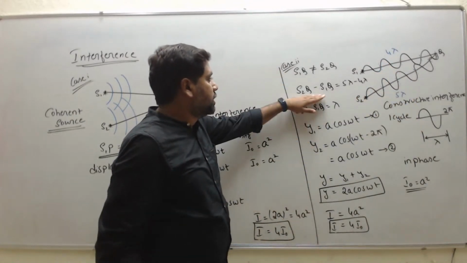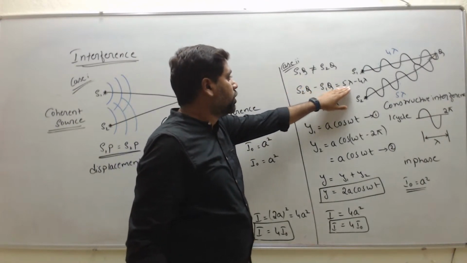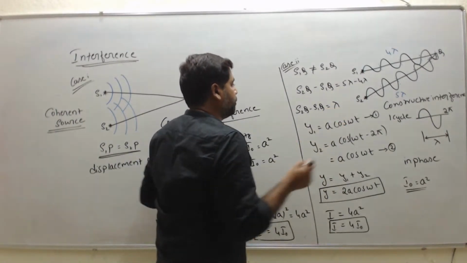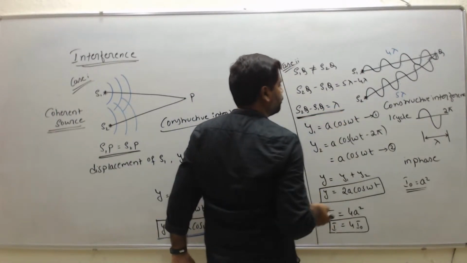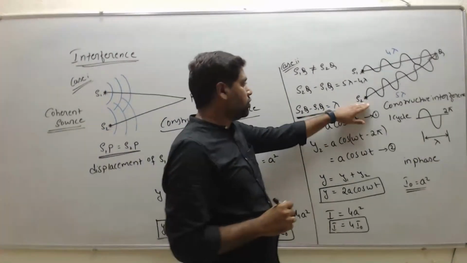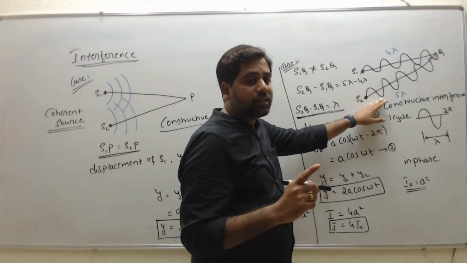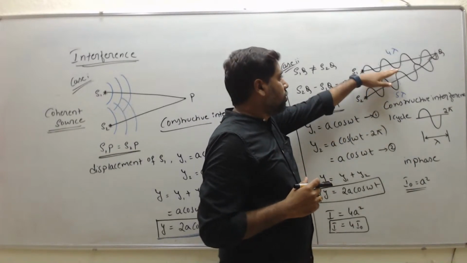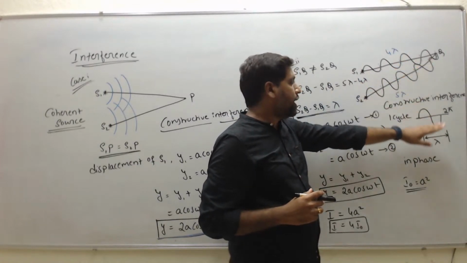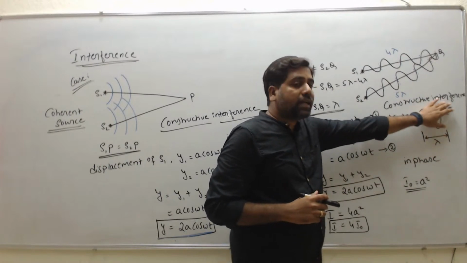Then the path difference is S2 Q minus S1 Q, that is 5 lambda minus 4 lambda, we get lambda. So 1 lambda equals 2 pi. Here the wave from source S2 is delayed by 1 lambda, that is, after S1 reaches, S2 will reach the point Q later by the length lambda, that is one wave, one cycle.